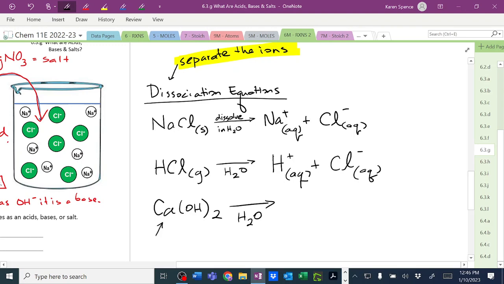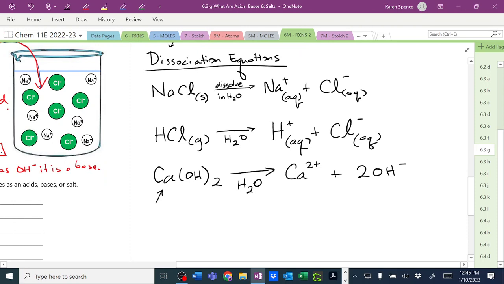Well, we need to separate the ions, so we're going to end up with calcium, Ca2+. We have to put the two OHs separately because they're not stuck together holding hands, okay? It's not OH2, okay? Aqueous, aqueous.